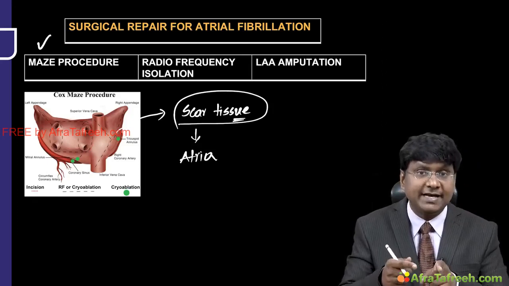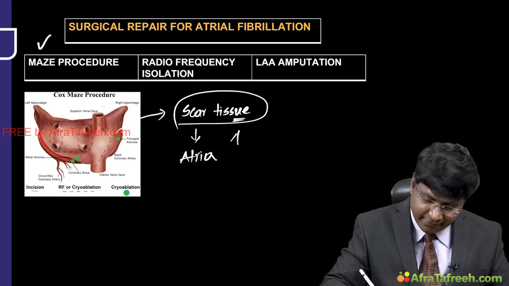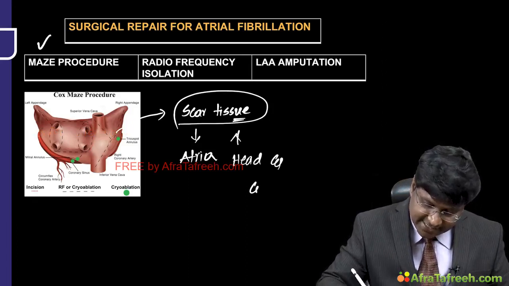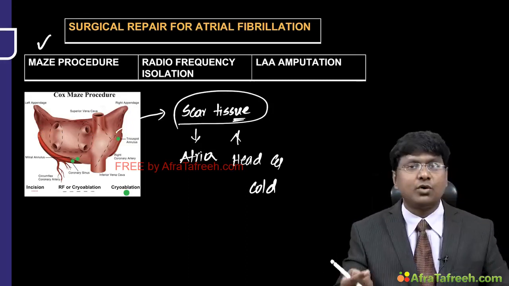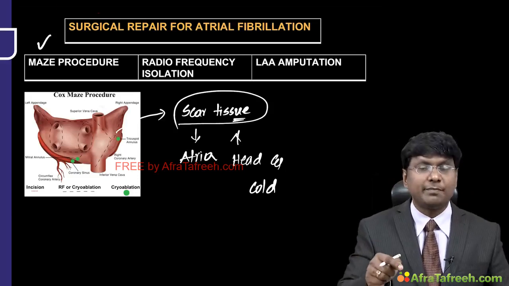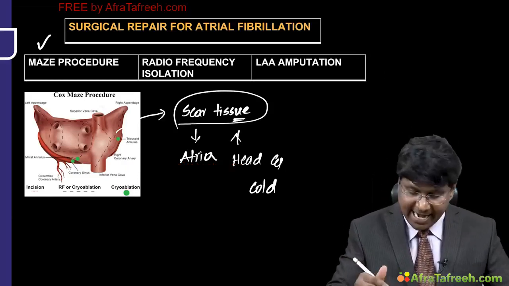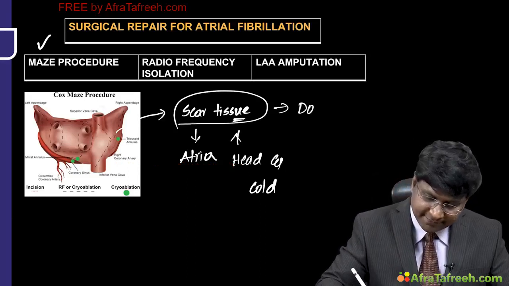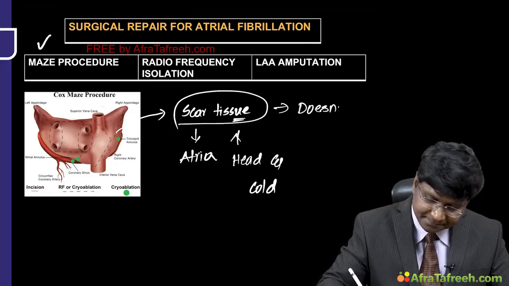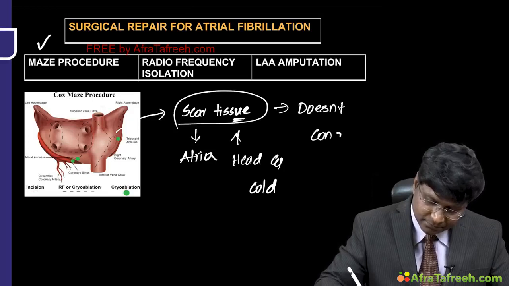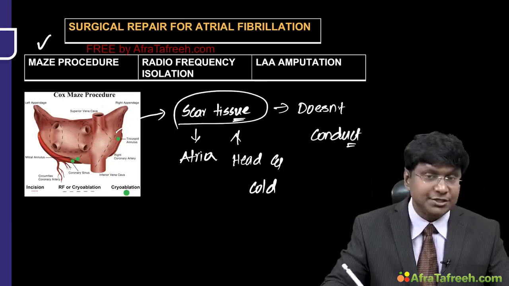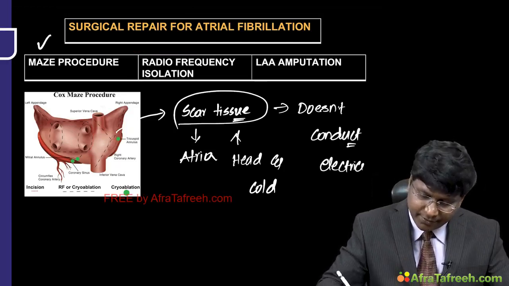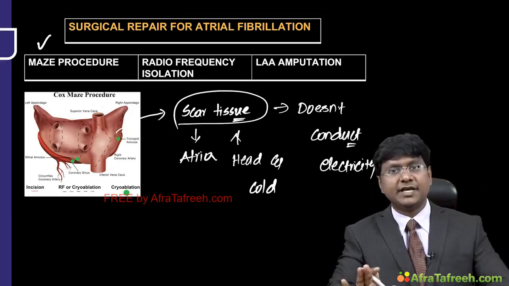With the help of a device, the surgeon gives heat and cold energy. Continuously supplying this heat and cold energy results in the formation of scar within the left atrium. This scar tissue does not conduct electricity. Thereby, the atrial fibrillation can be aborted.